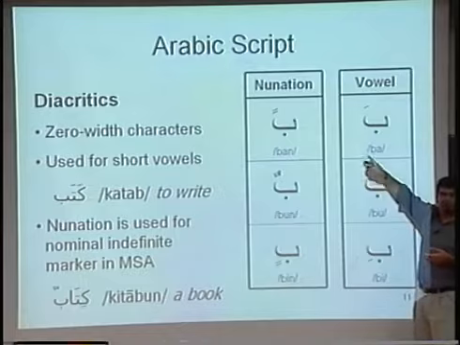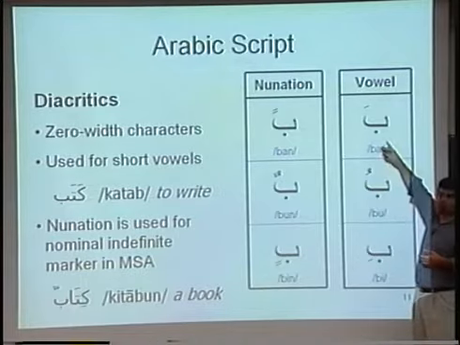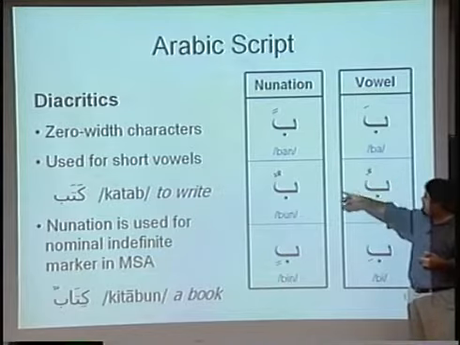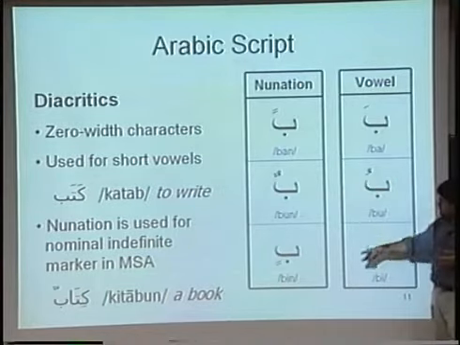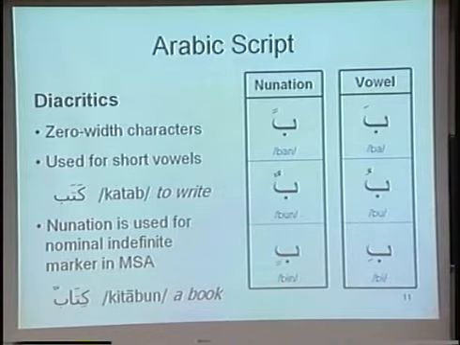But it's written always as a diacritic that is a double form of the short vowel. So A is doubling of the A, the U is doubling of the U, and the I is doubling of the I. But you pronounce it as An, Un, or In. Being a diacritic, that means it's optionally written. So sometimes it's not written, but it's always pronounced.